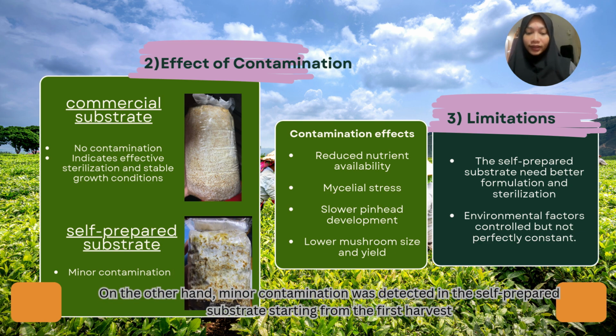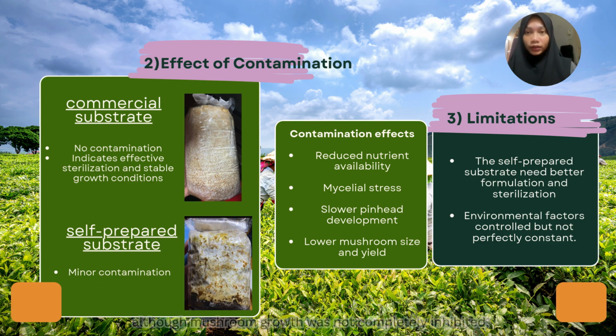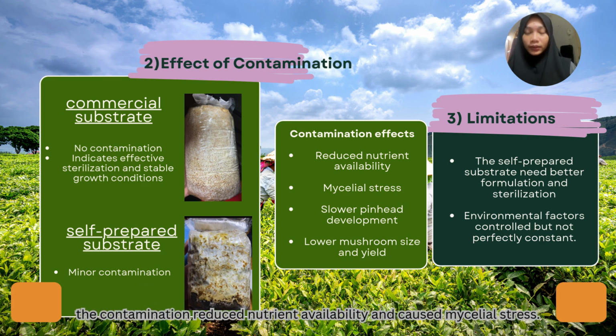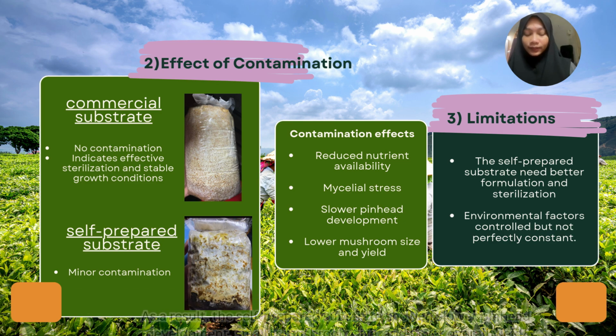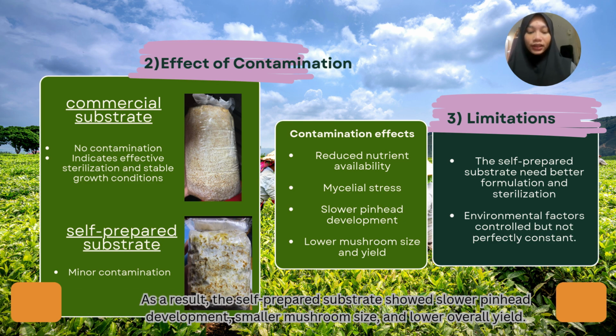On the other hand, minor contamination was detected in self-prepared substrate starting from the first harvest. Although mushroom growth was not completely inhibited, the contamination reduced the nutrient availability and caused mycelial stress. As a result, the self-prepared substrate showed slower pinhead development, smaller mushroom size and lower overall yield.